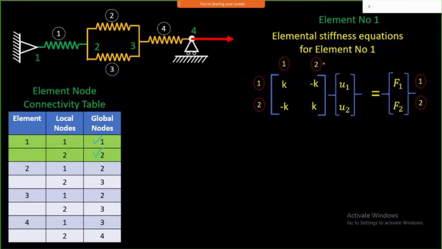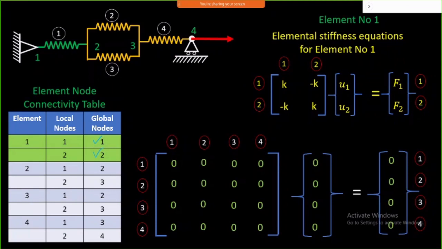This is also to be written 1 and 2, and 1 and 2 like this. Now just look at the entire stiffness matrix, how it looks. This is a 4x4 matrix because it has a total of 4 degrees of freedom, and here we have 4 displacement vectors, 4 force vectors, and all this.